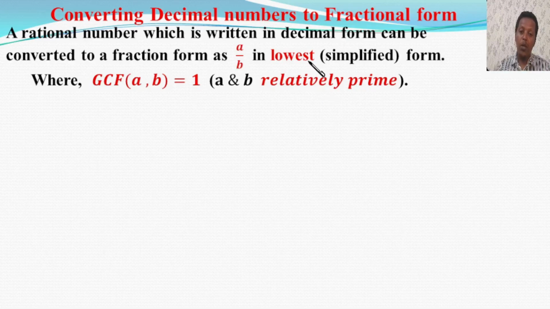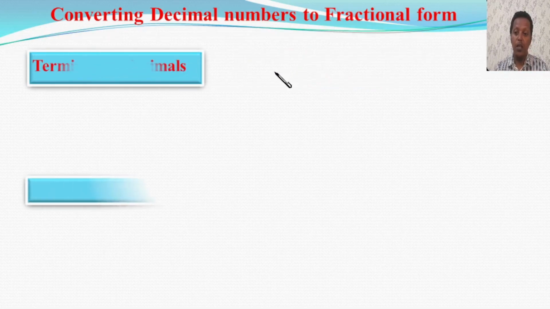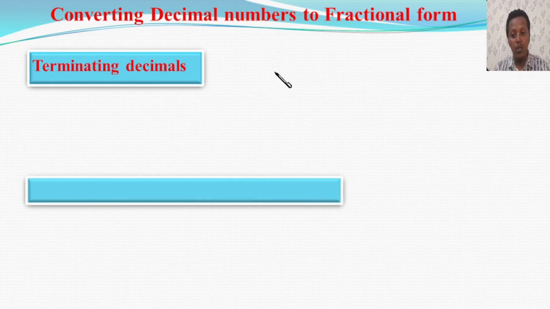So basically we have two types, the terminating decimals and non-terminating decimals. Now for the terminating decimals, that means when you divide the numerator a by a non-zero denominator b, if the digits after the decimal point terminate, we call them terminating decimals.